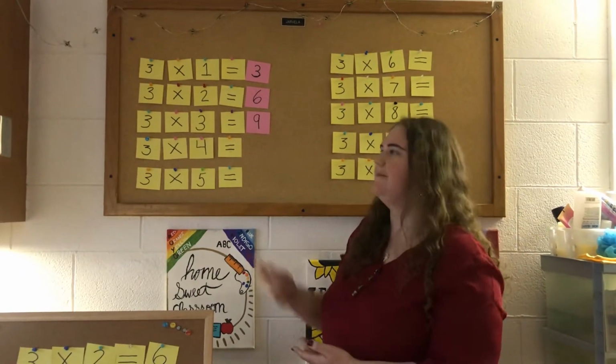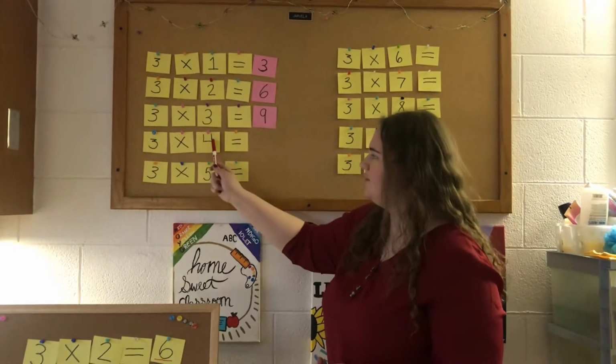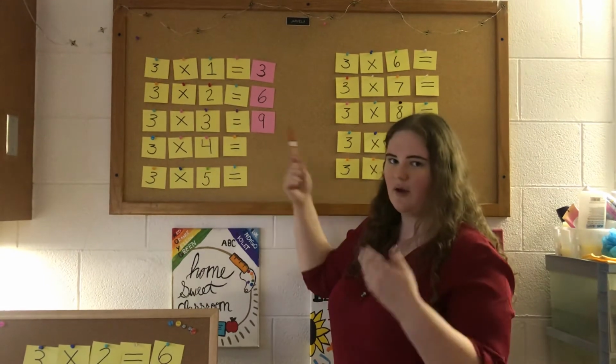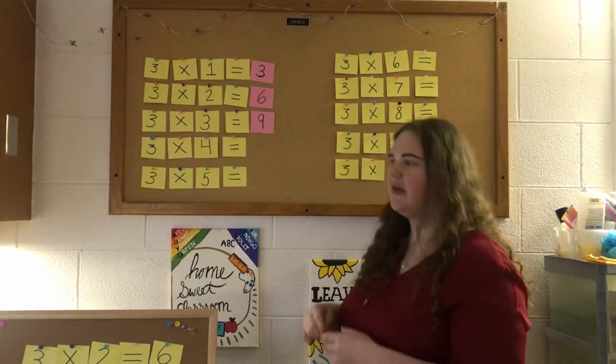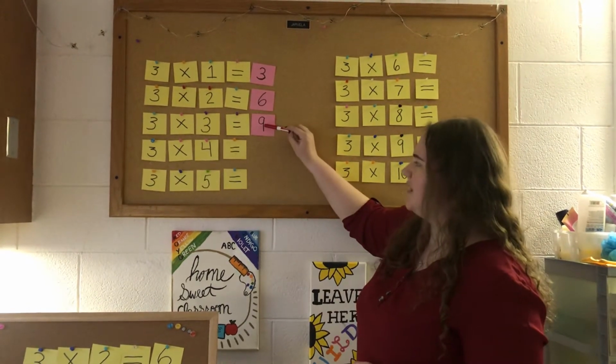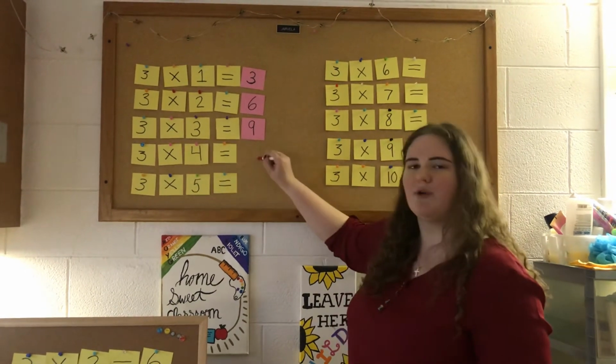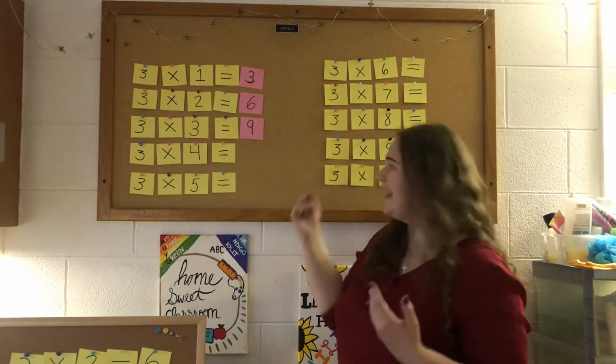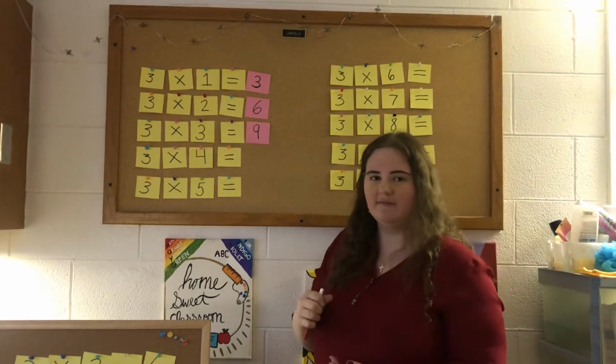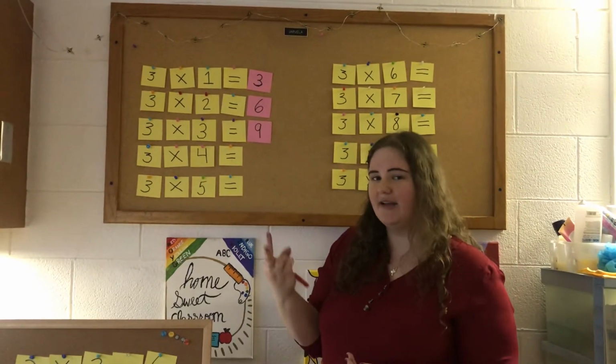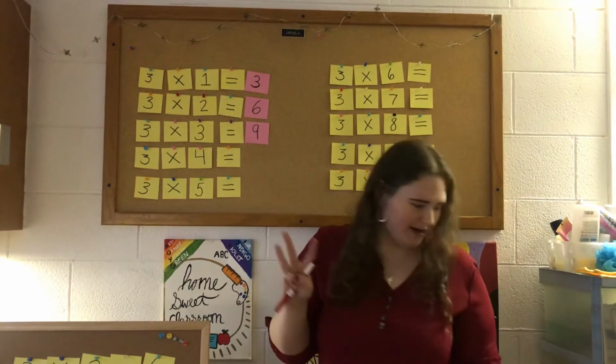So moving on, we have 3 times 4 equals, well, how are we going to figure this out? What would you do to this number to figure out this problem? Plus 3. Exactly. So 9, 10, 11, 12. We just added 3.